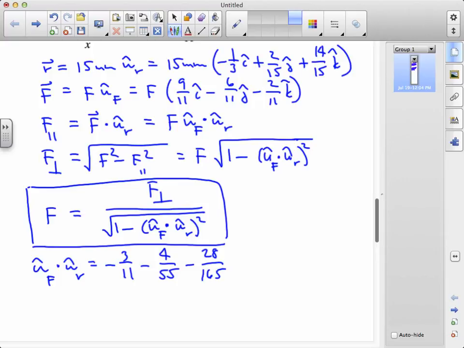And if we calculate that out, it ends up being equal to minus 0.515.